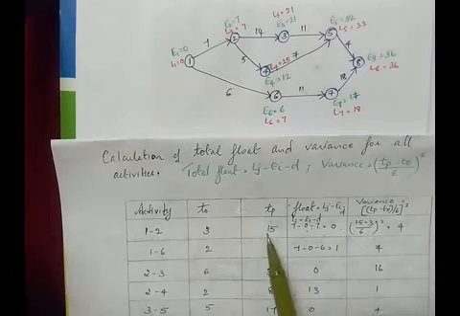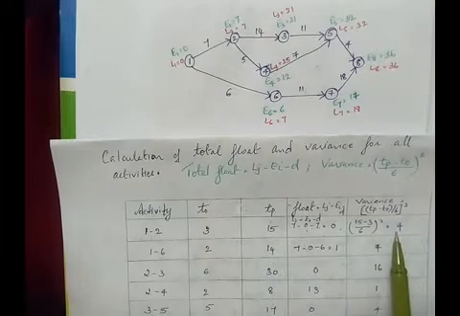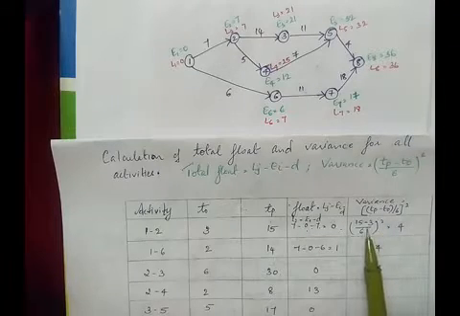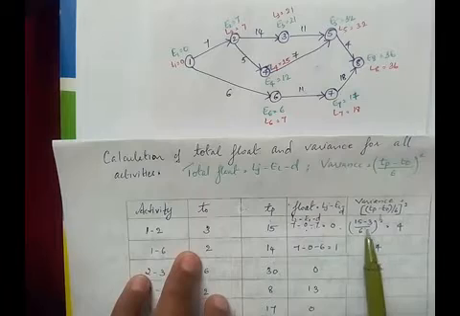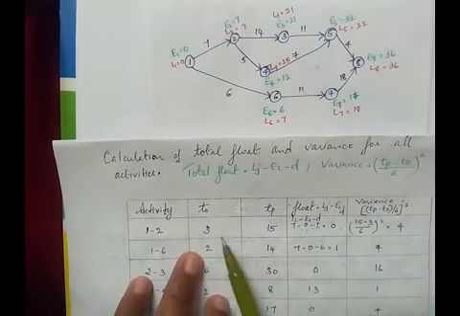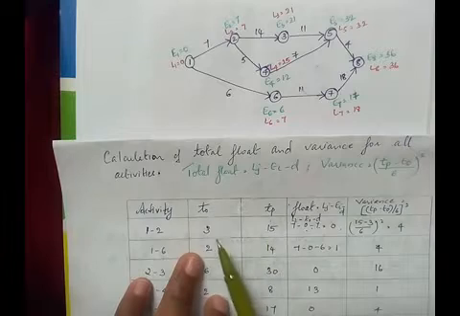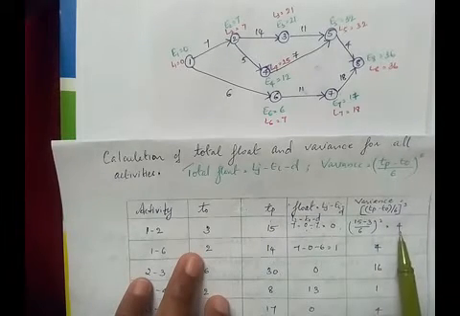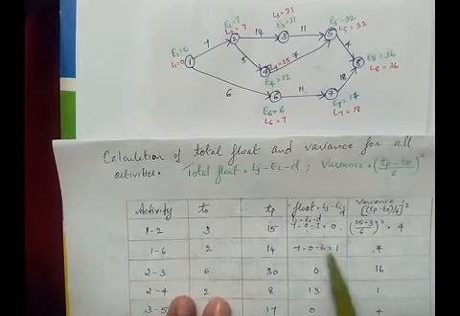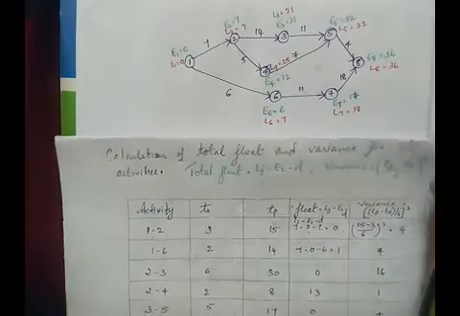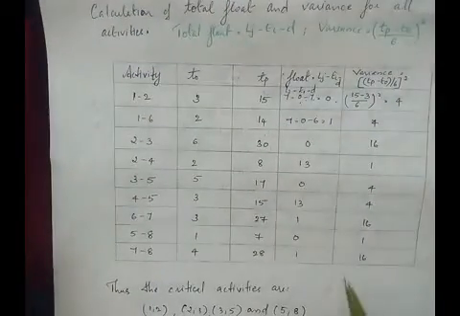By substituting the correct values, we get the variances for each activity. For the first activity, Tp is 15 and To is 3. So (15 minus 3) by 6, the whole square, and we'll get 4. Using this formula, find the variance for the rest of the activities, and we'll be getting the values like this.